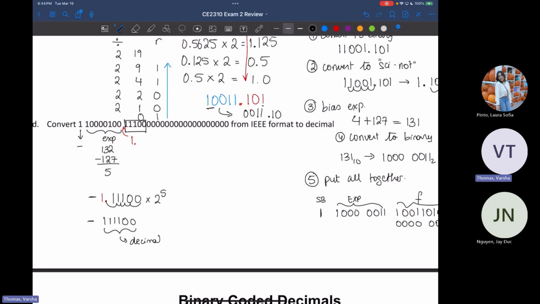So you have 2 to the 5 plus 2 to the 4 plus 2 to the 3 plus 2 to the 2, which gives us 60. I believe I got that right. Yep. And then remember, don't forget about the negative sign. So your final answer is negative 60.